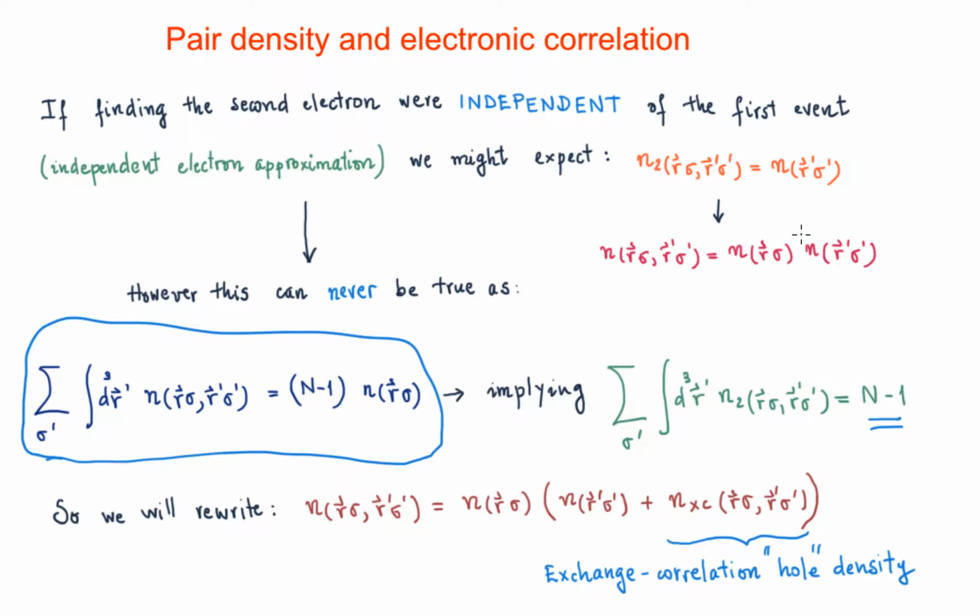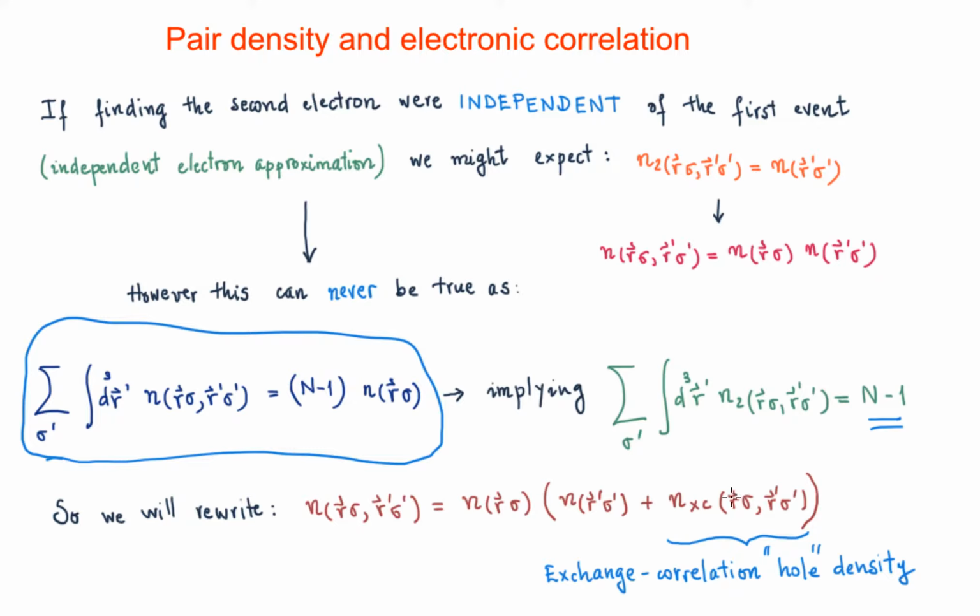Okay, so following that idea, in order to define another function that will incorporate this correlation, we are going to rewrite the pair density in the following way: the spin density, as we did before, times the conditional probability N2, and the way that we are going to write N2 is the following: the spin density at R prime sigma prime, in a similar way as our first guess for an independent electron approximation, plus what we're going to call the exchange and correlation hole density.